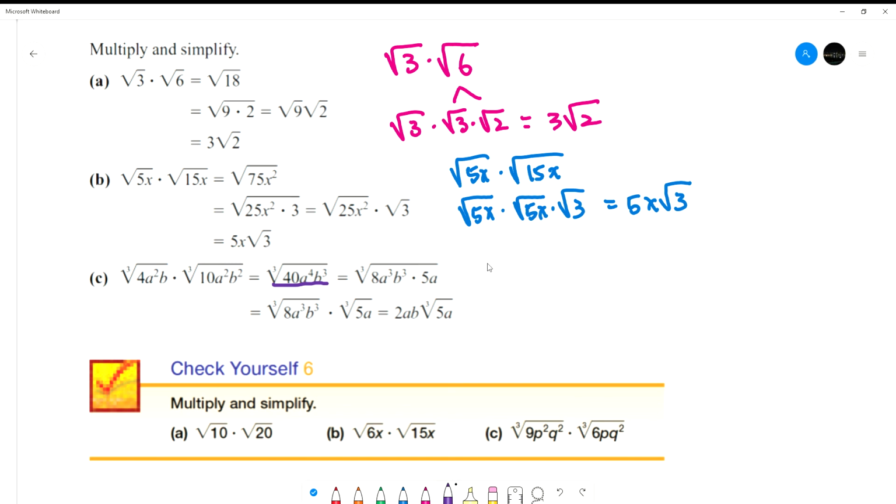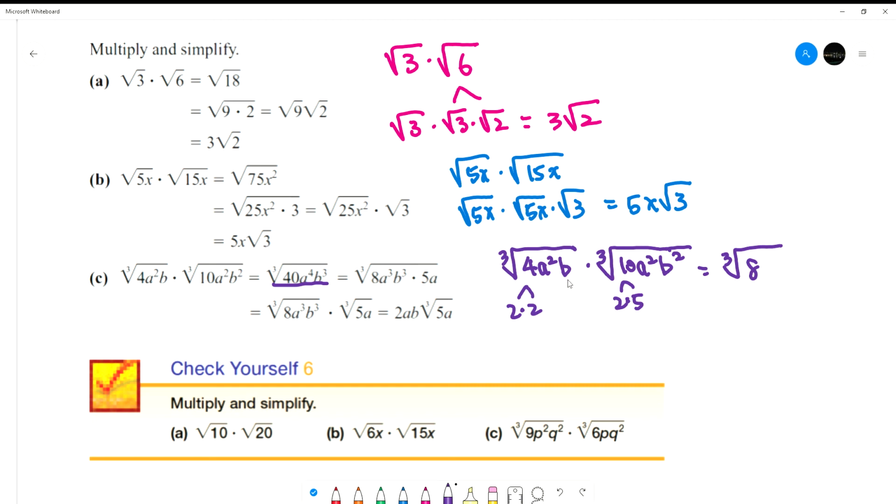And if you did want to try it the other way, it's very similar. In essence, it's the same thing, but I just don't multiply the numbers. So I know 4 is 2 times 2, and 10 is 2 times 5. So that's how I can see there's a 2, 2, 2, 3 2's here, so that's how I know this is an 8. And then I look at the a's.